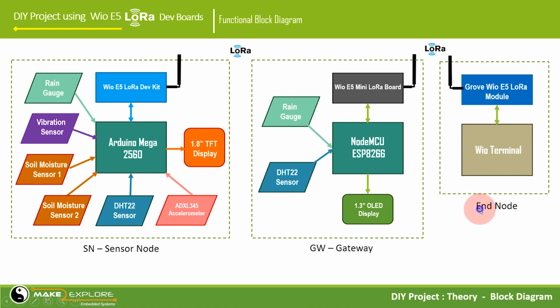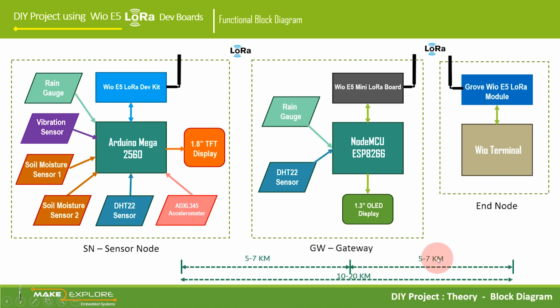So you can see that with this method of point-to-point LoRa, we can make a custom gateway node to relay data up to 10 to 20 kilometers from landslide-prone sites. So this was all about the functional block diagram of the project. Now let's look into actual circuit diagrams and schematics in detail, and let's see how all these components have been connected together.